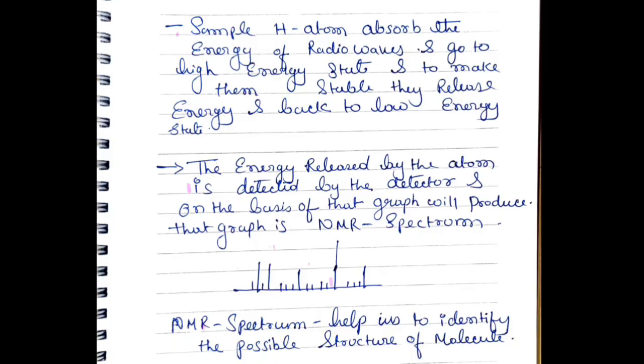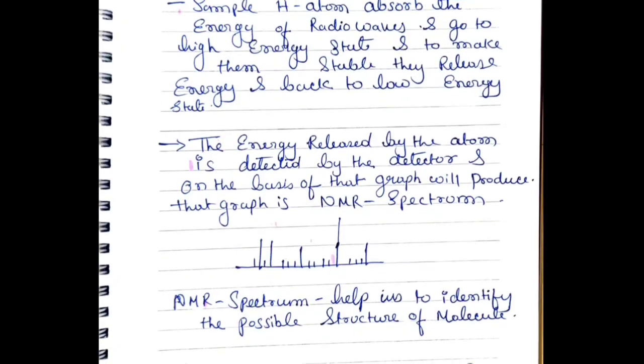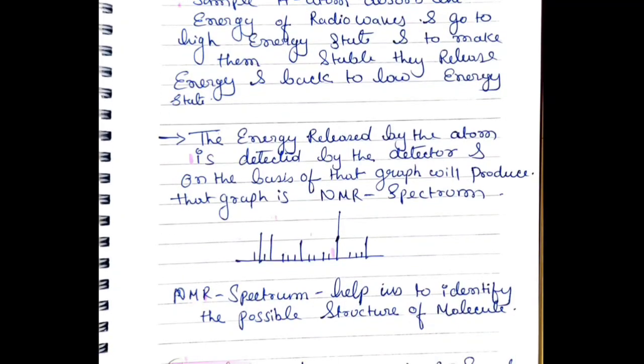So to become stable, they release energy and come back to the lower energy state. The energy released by the atoms is detected by the detector, and on the basis of that, an NMR graph, or NMR spectrum, is produced.